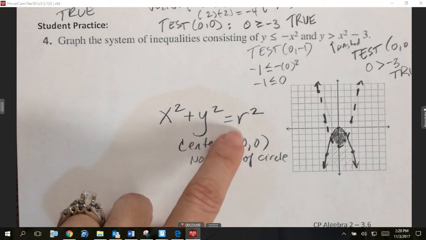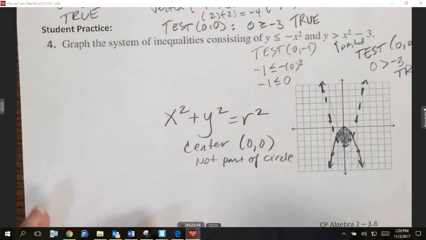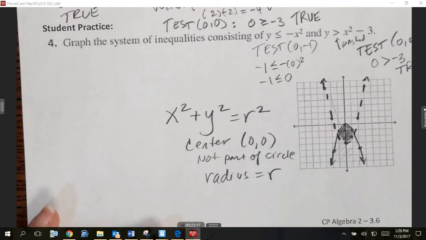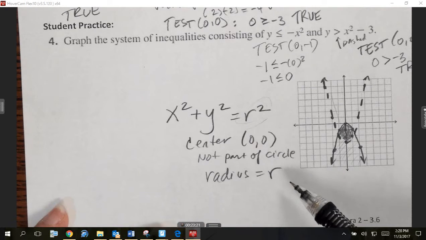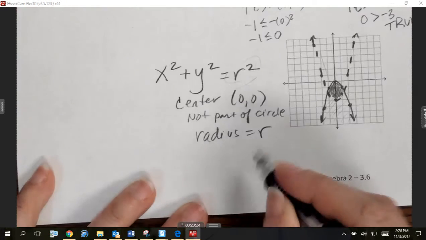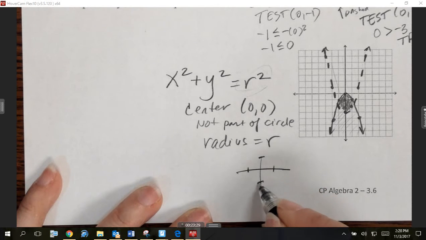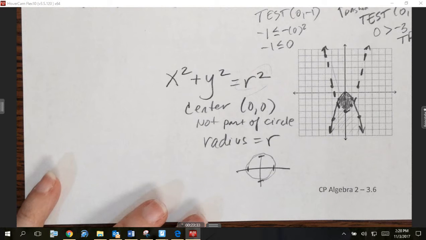So r squared is what it's going to look like. What would my radius actually be for this equation? It would just be r. So you're going to have to look at r squared and figure out what r is, and then you just start at your center, and you just go out, up, out, down, and make your circle using your radius. It's really easy, okay?